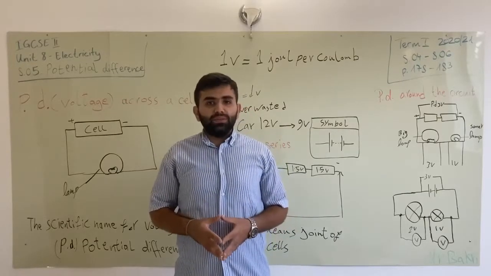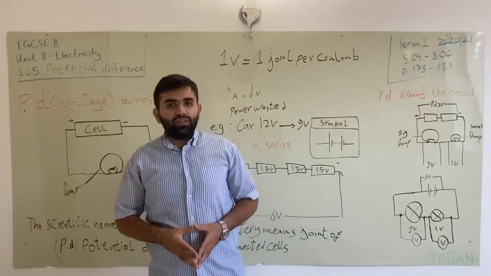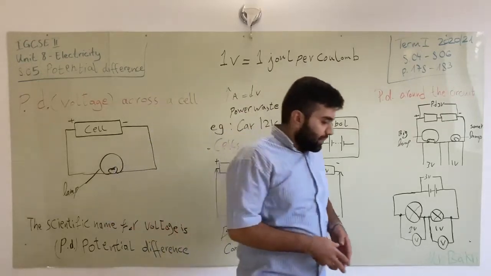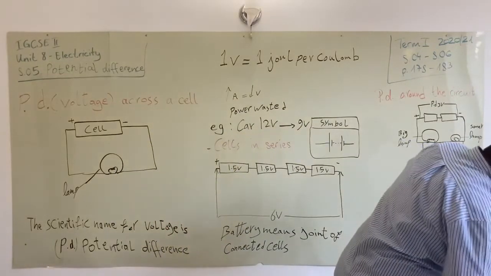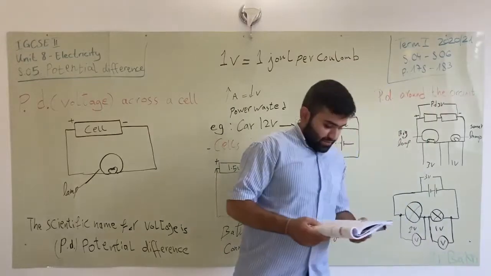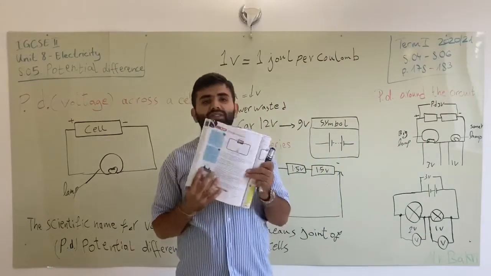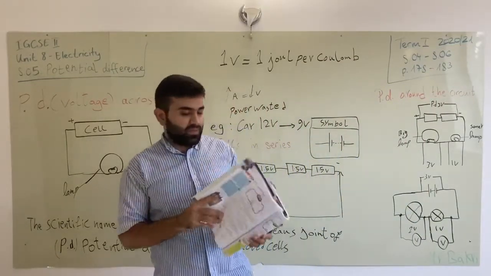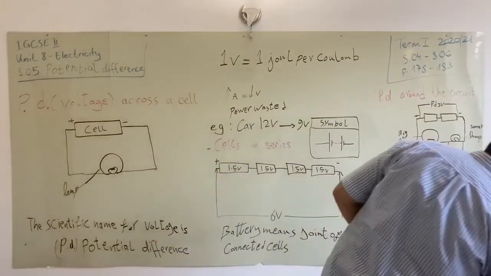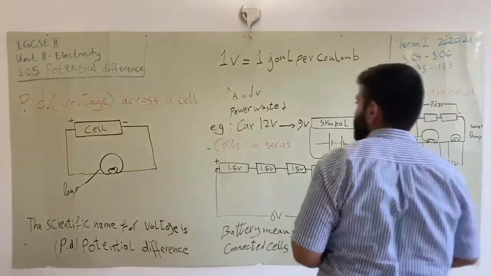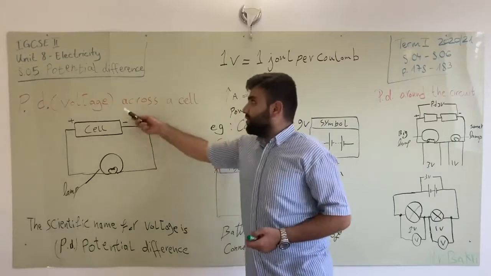So we're going to continue with 8.05, the potential difference. It's on page 180, as you can see here in your book. So first of all, we're going to talk about potential difference or voltage.